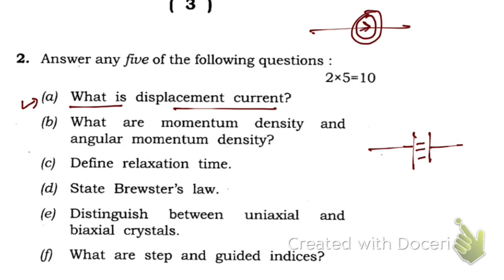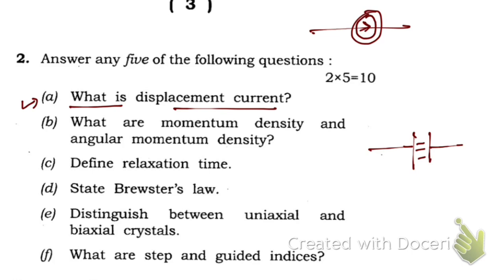And this change in electric field produces the same magnetic effect as an ordinary conduction current does. Okay, and due to this change in electric field, we get displacement current.